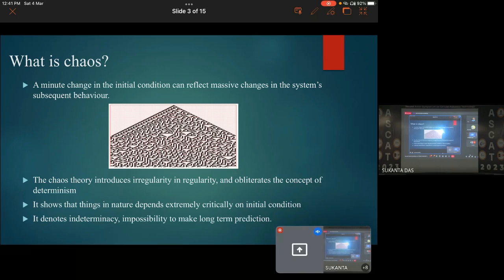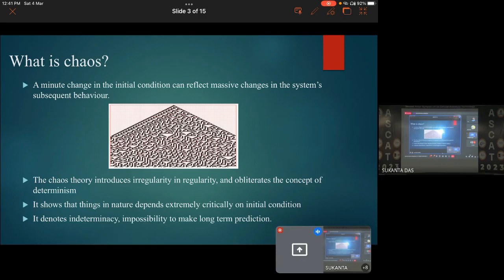But how will it propagate? Will it simply propagate to the left or right, or will it affect the neighboring cells in such a way that chaotic behavior is shown?